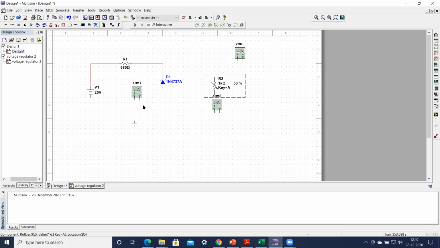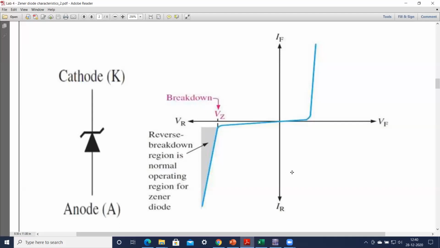Now, as you know, if we look at this particular curve, when we want the Zener diode to act as a voltage regulator, it should be operated in the reverse bias mode, and it should enter into the breakdown region to maintain the constant voltage.